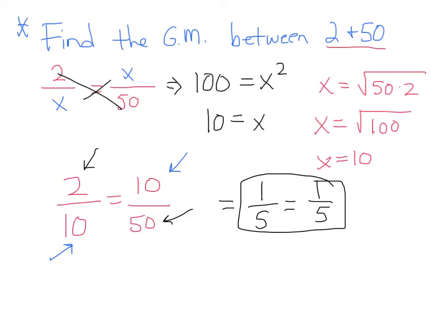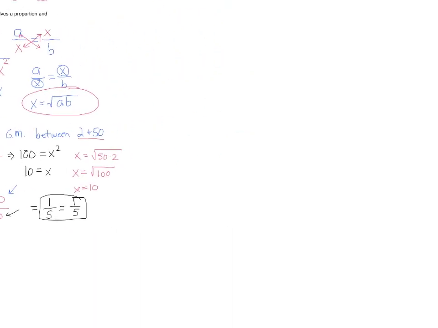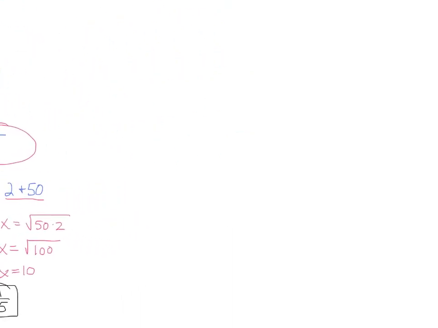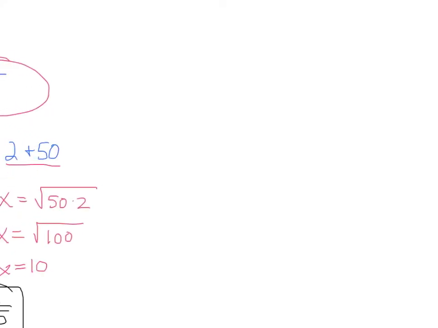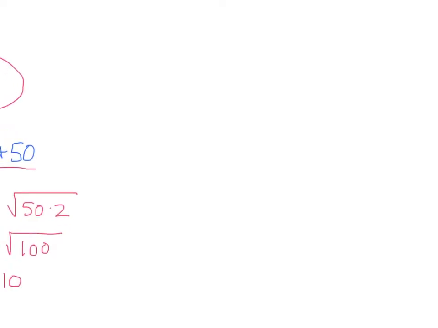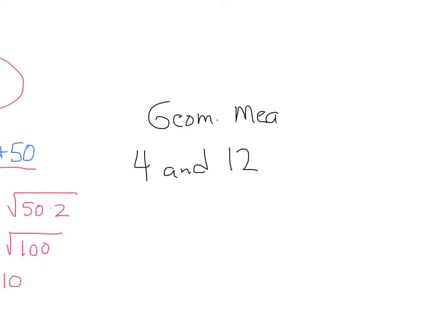So let's try one more example. We're going to find the geometric mean between, and the two numbers I'm going to pick are 4 and 12. I want to find the geometric mean between these two numbers.